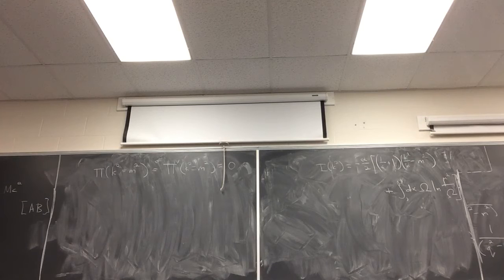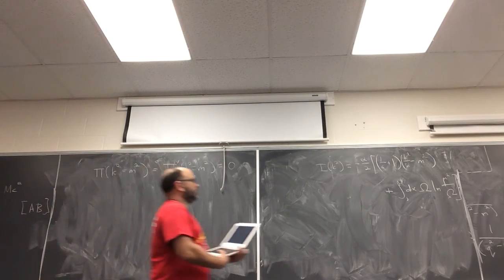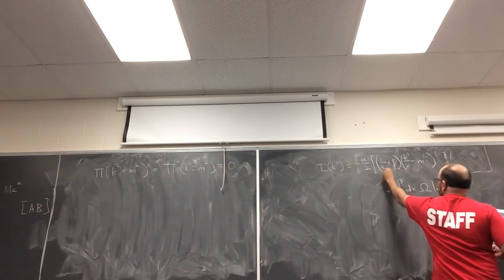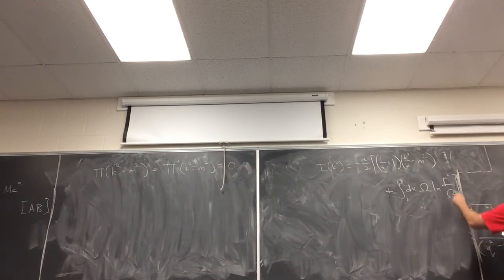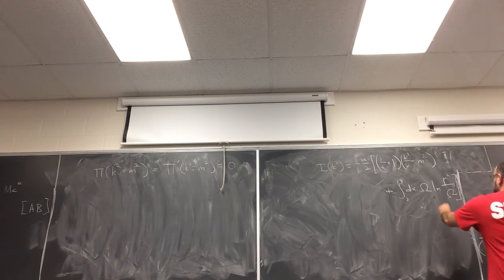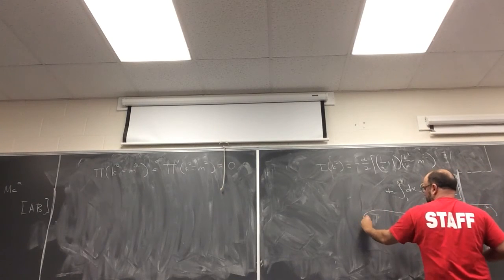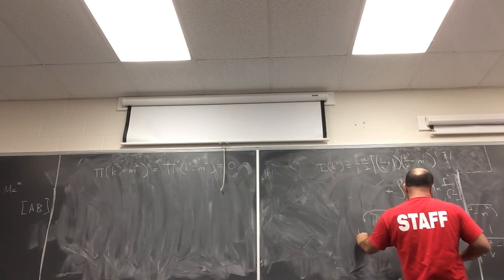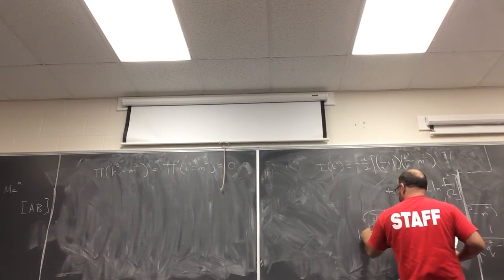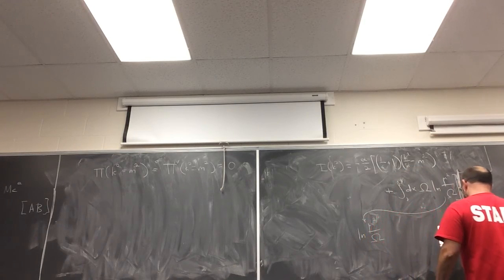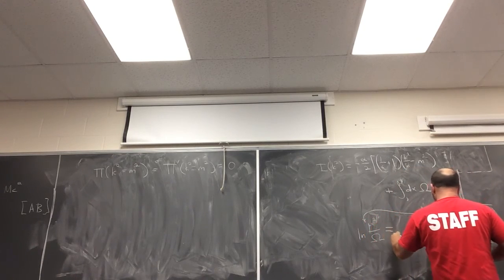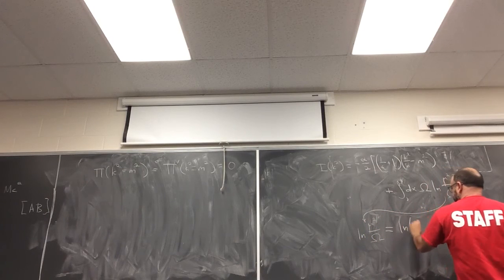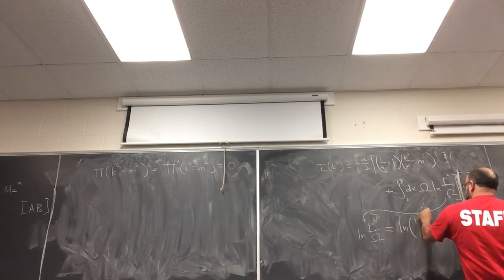So we want to cancel off this pole because that's obviously unnatural. But the other thing that we introduced that was kind of unnatural was this scale mu. So I'm going to rewrite this natural log again. It's mu squared over omega, and I'm going to multiply top and bottom by m squared.